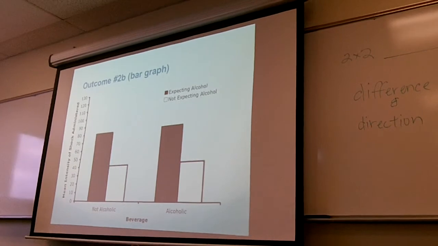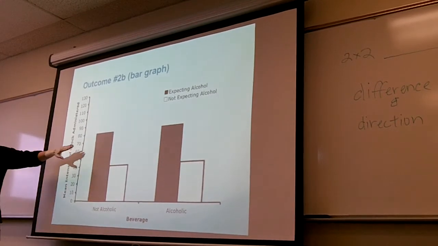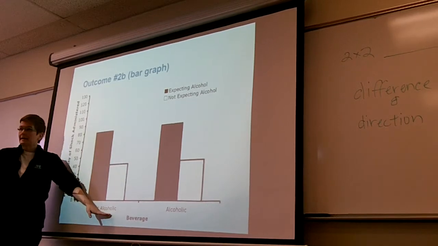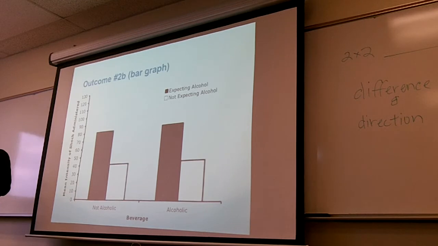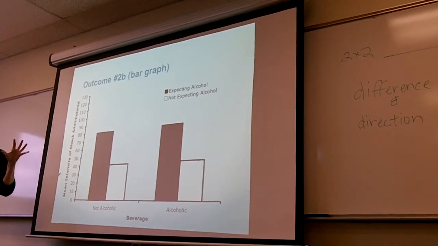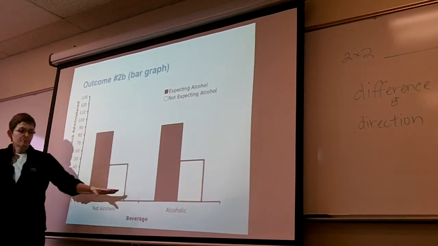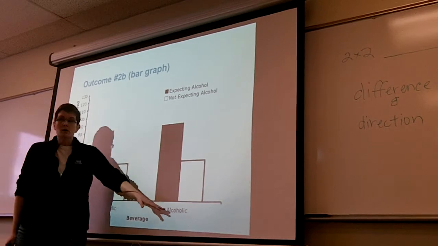And here's what that would look like if we did it as a bar graph. So, x-axis. We tell whether there's a main effect of what's on the x-axis by comparing the bars for each category down here. Okay? So I've got non-alcoholic category and alcoholic category.